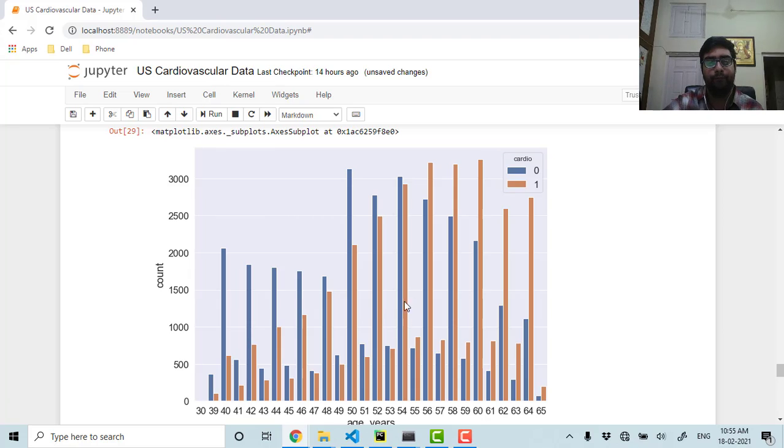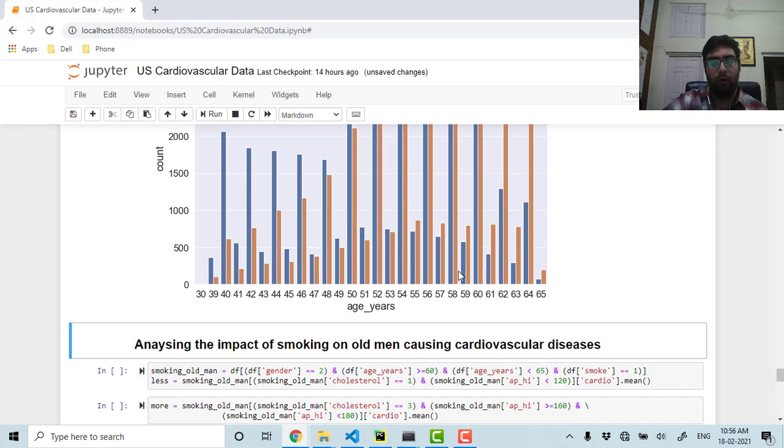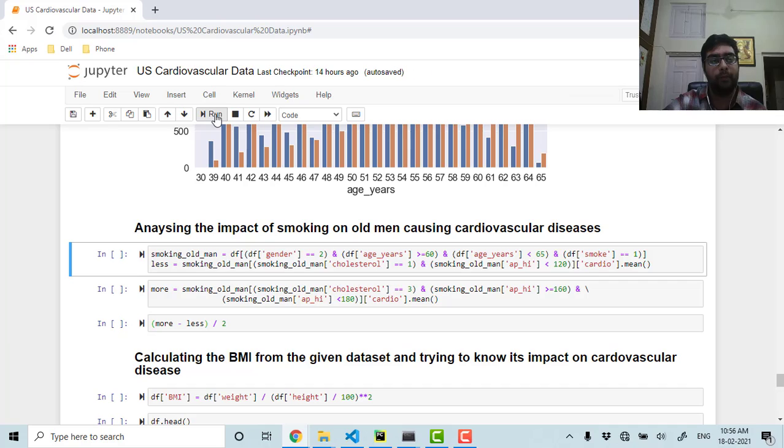We can see that till around 54 years, most of them do not have cardiovascular disease, but after 56 years, this graph is rising pretty much. So yes, age can be a factor for the increase in cardiovascular diseases. Let's analyze more whether old men who smoke are more susceptible to cardiovascular diseases. Let's analyze that.